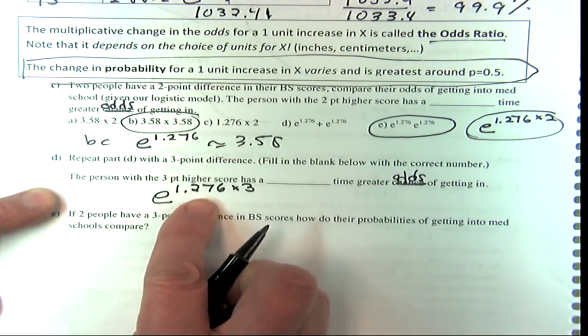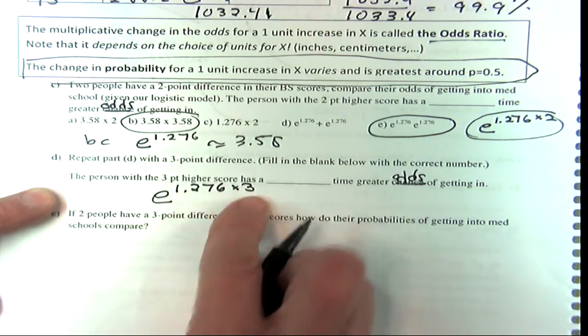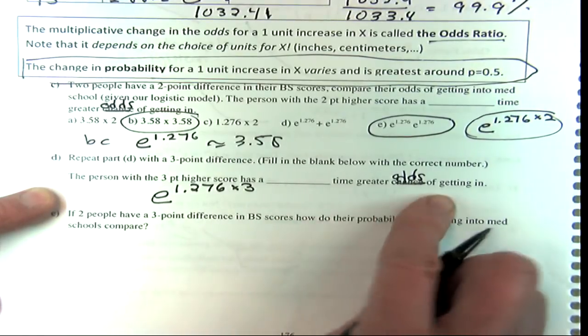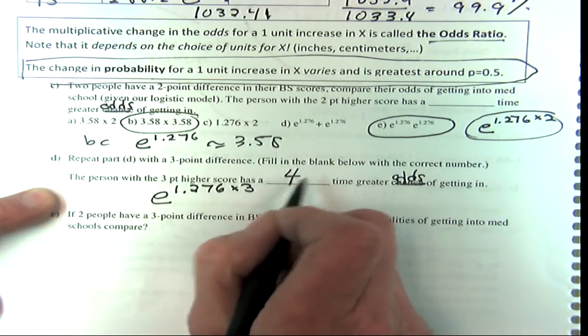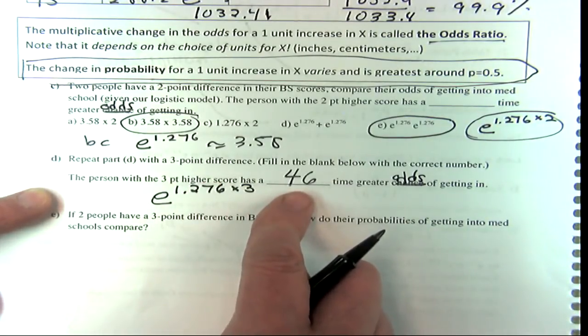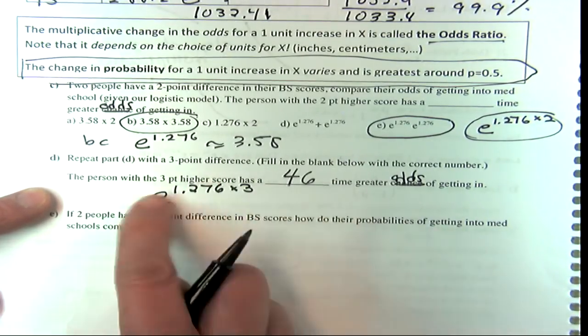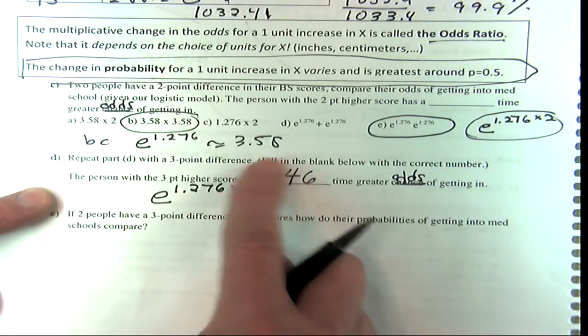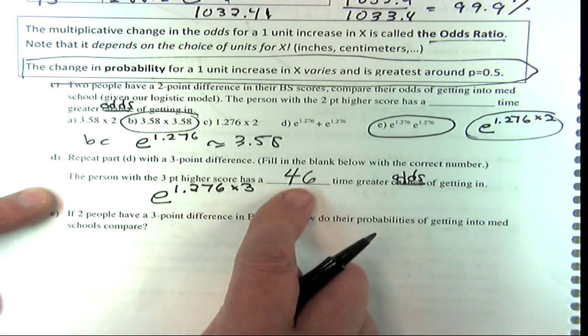That's e to the 1.276 times e to the 1.276 times e to the 1.276, which is equal to about 46. And what if I said the lower? Then it would be 1 over 46 times, right? It would be the negative exponent. That would be the relationship. You divide by 46 instead of multiply by it.